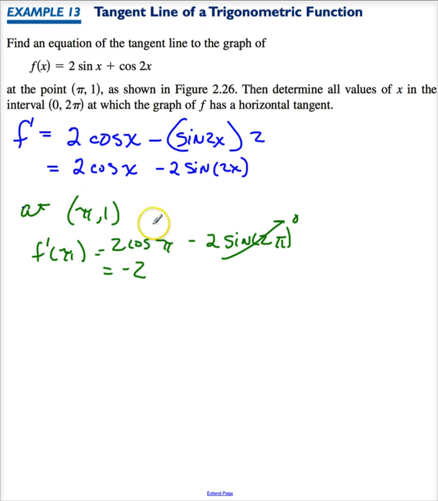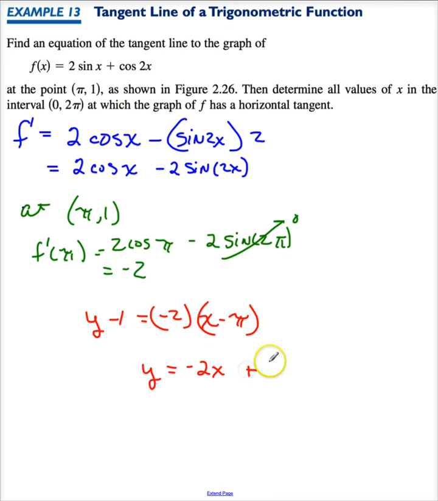So we know we have a slope of negative 2. So the equation of the line is y minus 1 is equal to negative 2 times x minus pi. Now let me rewrite this. This becomes y equals negative 2x plus 2 pi minus 1. Is it minus 1? No, it's plus 1.